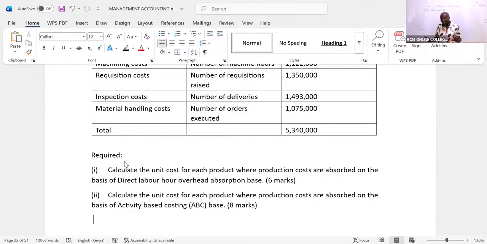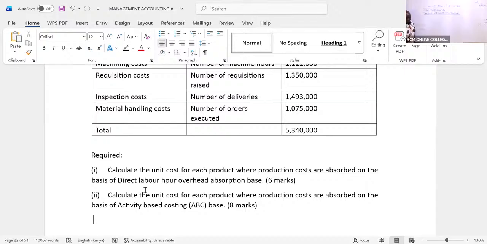We analyze the factors. So cost driver analysis, or analysis of cost drivers, or into brackets here, factors.